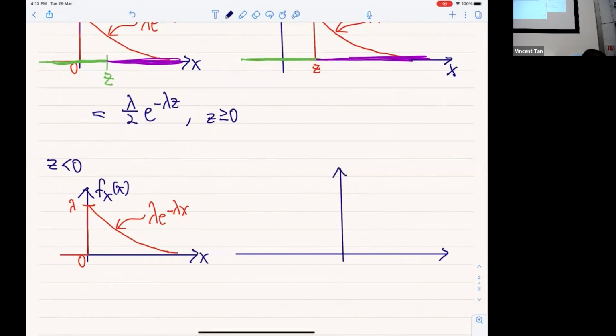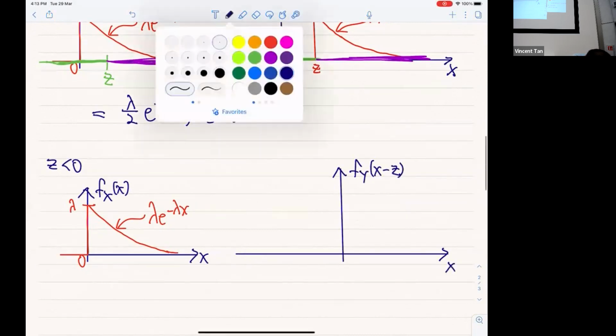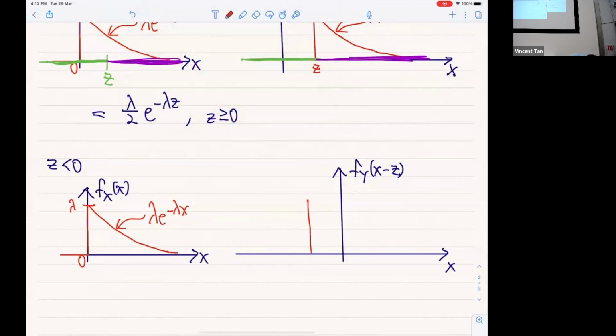That is our f_Y of (x minus z), but z is a negative number. So the red graph is shifted to this side, with the lambda height and the exponentially decaying behavior. This graph takes the form lambda e to the minus lambda (x minus z).